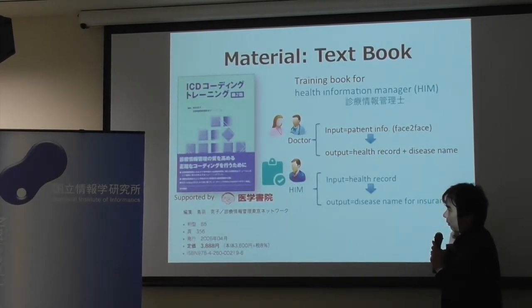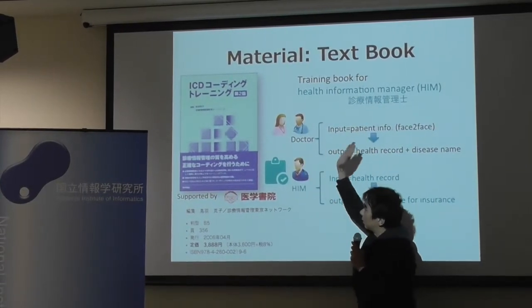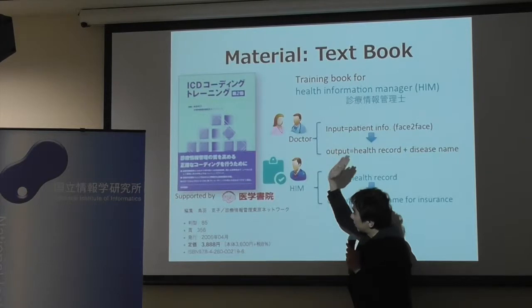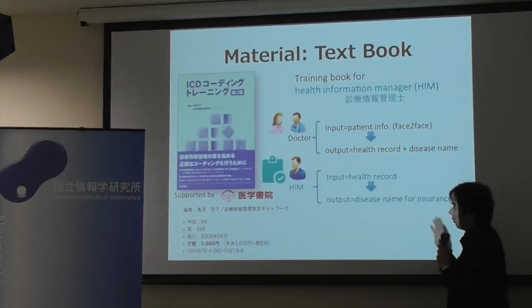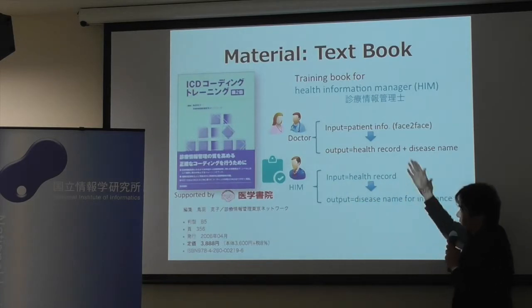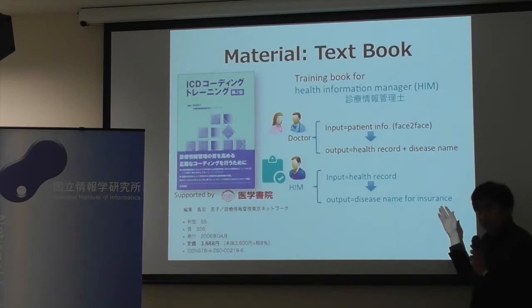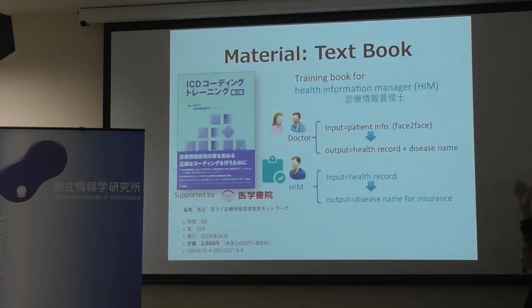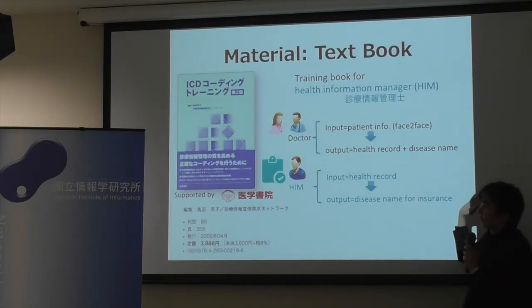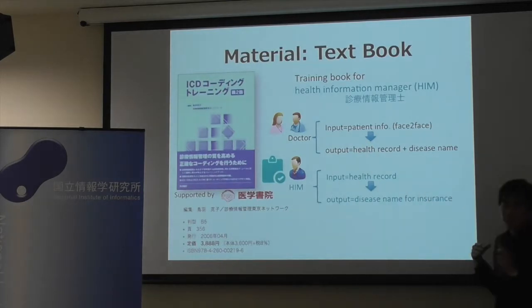But a computer cannot read the real patient, so the computer handles the health record. So the input is the health record, then the system outputs the disease name. This task setting is very similar to 診療情報管理士, so we use this textbook as our materials.